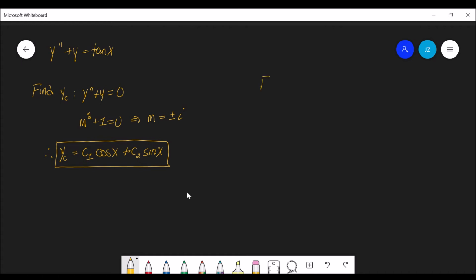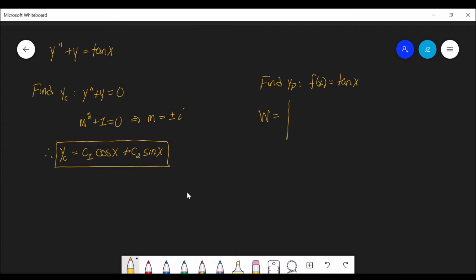Now on to finding yp. So our function f of x is tan x. We now need the Wronskian of y1, y2.